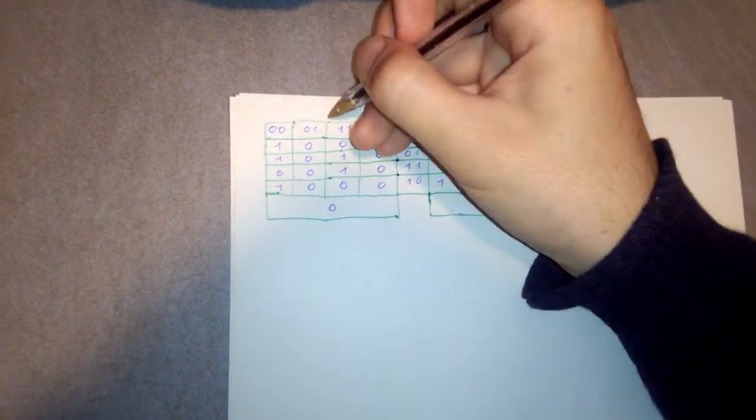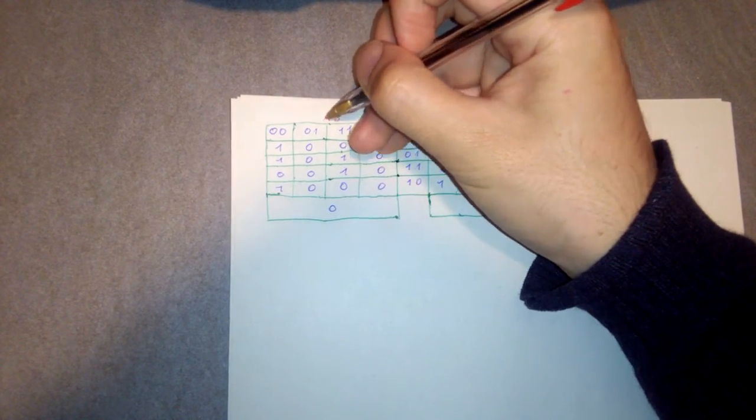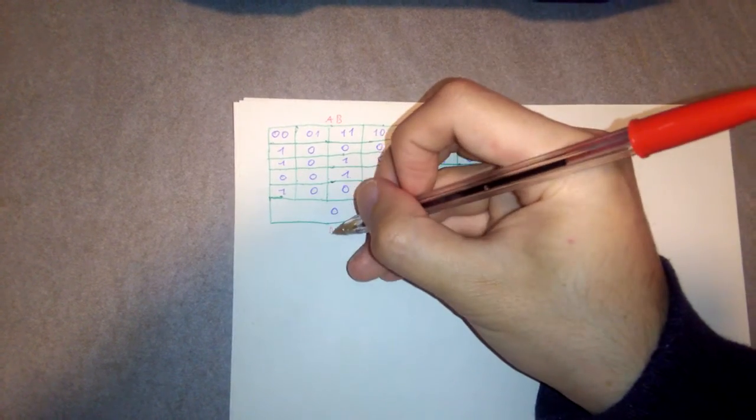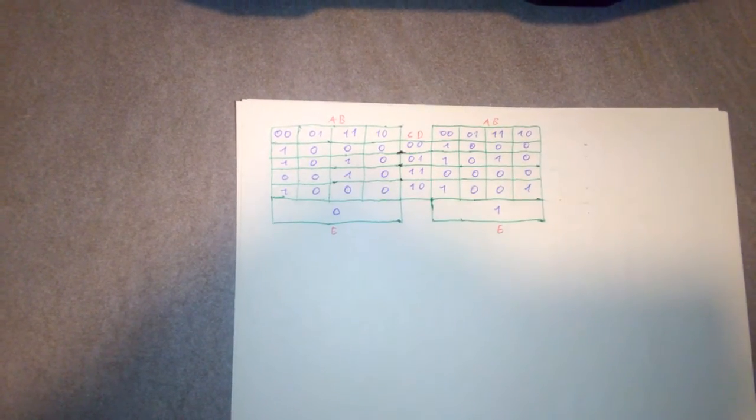So our inputs are A, B, A, B, C, D, and those are E.